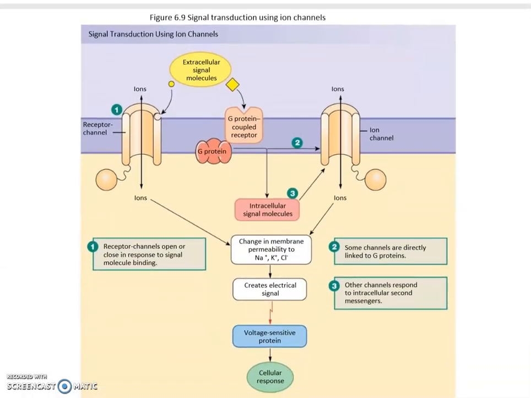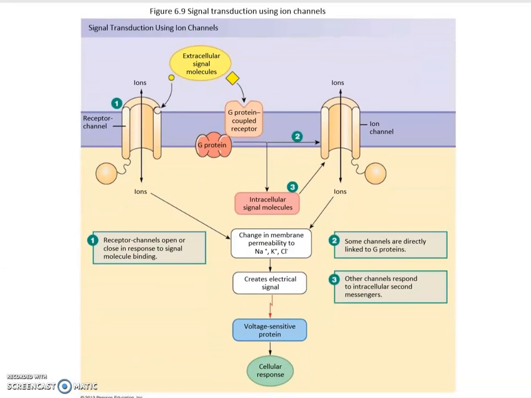Okay, but here's something that you do need to know about, and that would be if a messenger molecule is binding to an ion channel, and that was our number 2 favorite from the original overview slide. So if the messenger binds to an ion channel, then the permeability of ions will be altered.